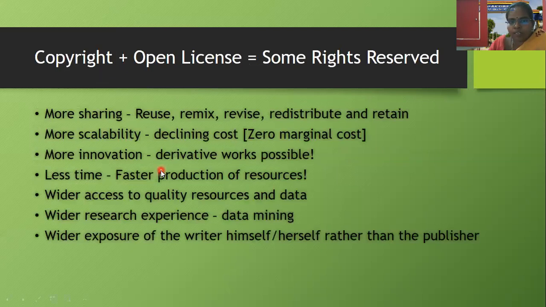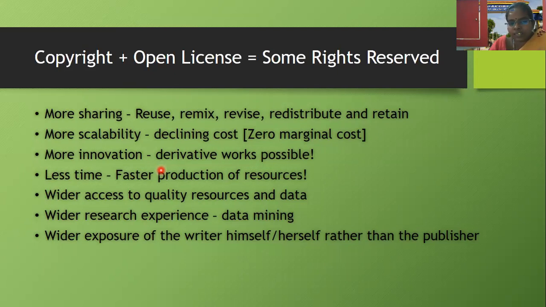Common licenses means copyright. Copyright plus open licenses, that is, some rights reserved, is Creative Commons licenses. It allows more sharing, reuse, remix, revise, redistribute and retain of the content. It also has more scalability, declining cost, zero marginal cost, and more innovation, with derivative works possible.